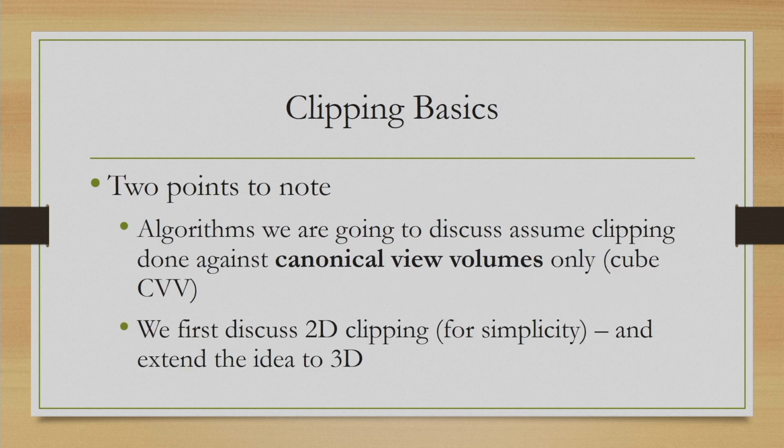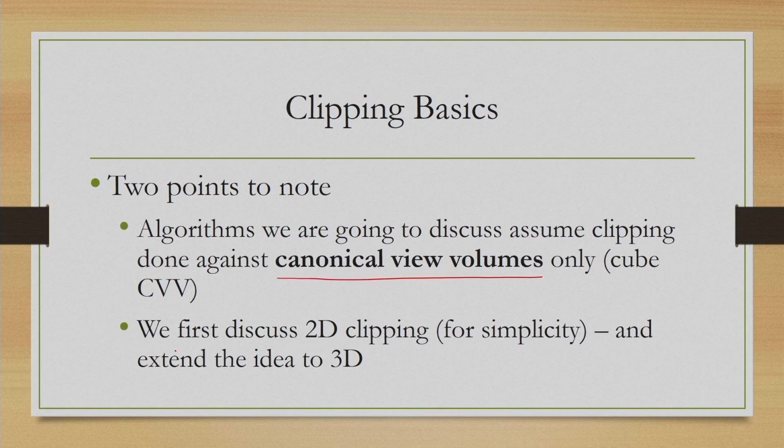Before we start our discussion on the clipping algorithms, we should keep in mind 2 points. First thing is, the algorithms will be assuming that the clipping is done against canonical view volume. To recollect, a canonical view volume is a standardized view volume where the shape of the view volume is rectangular parallel pipe and its bounding planes are within a fixed range.